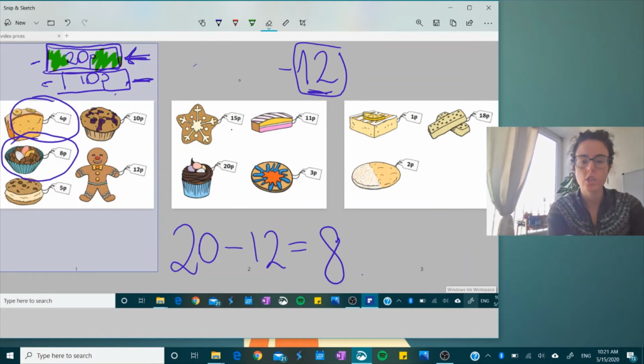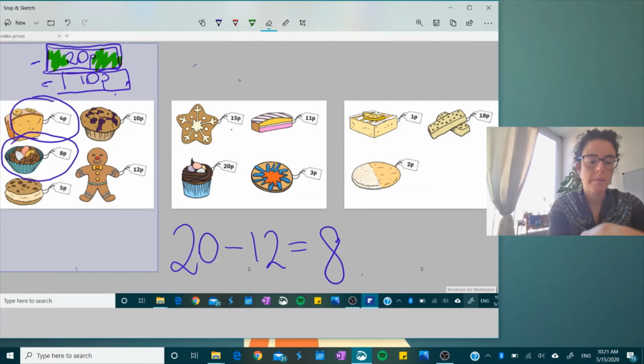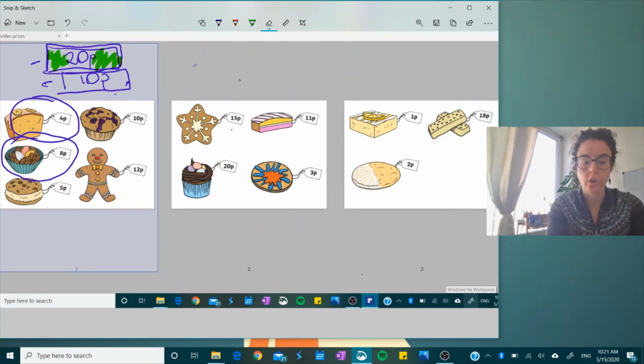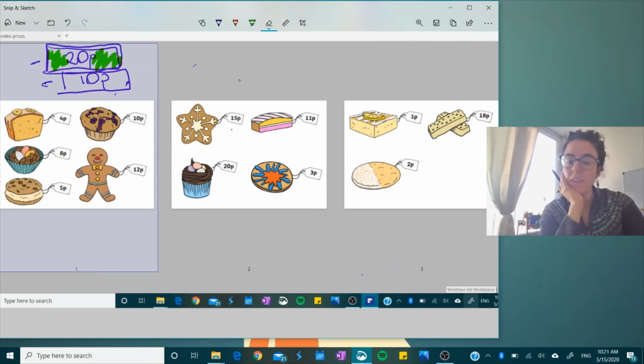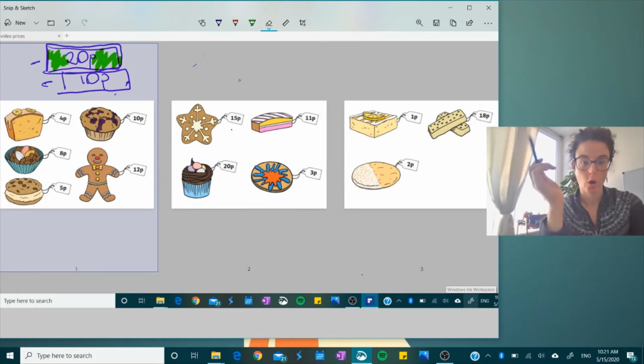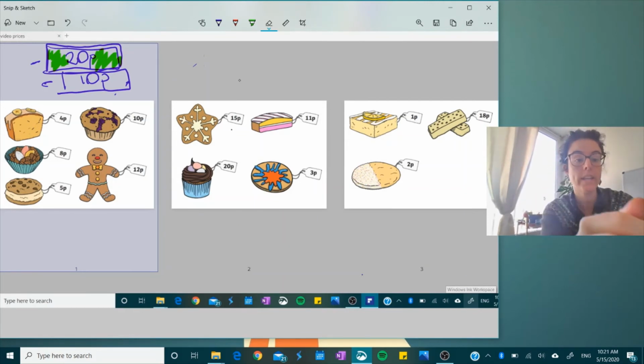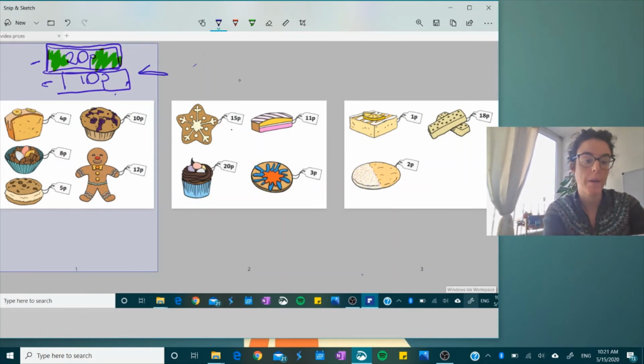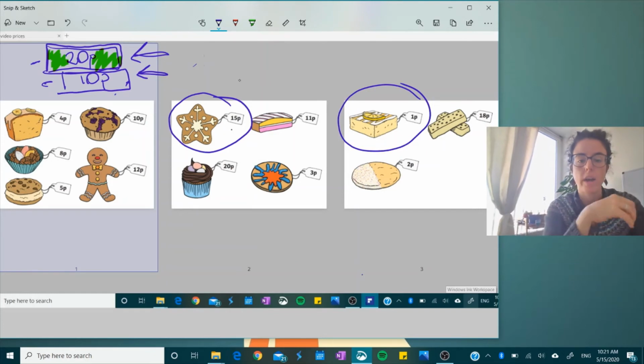So now it's your turn. I am going to give you an order. Okay? And then you tell me how much money I get back. All right? And remember, I only have these two options. I can pay with 10 or I can pay with 20. So what am I going to get? I'm going to get this star cookie and this lemon square. So do the math.